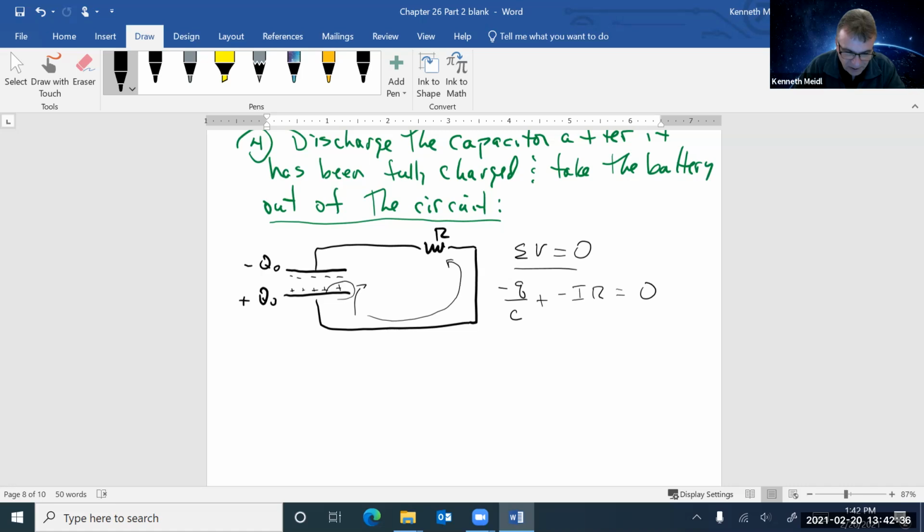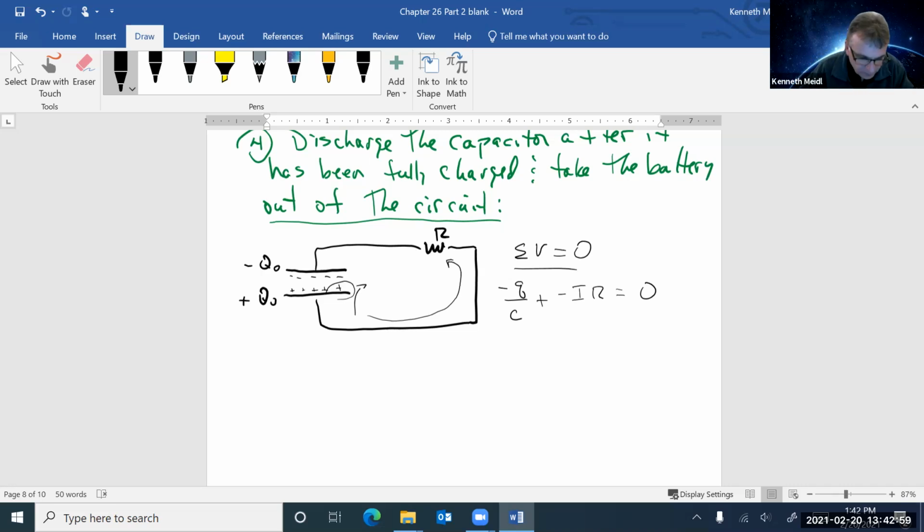Q, the charge on the plate, is changing, and so is I. Q probably starts off at a maximum value and then goes down to 0. I starts off at 0 and eventually dies down too.